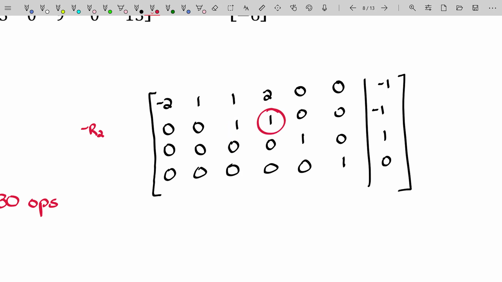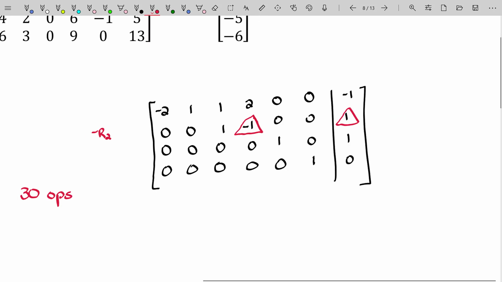However, this is a non-zero entry. It's not above a pivot. So I do have a little bit of mathematics there. I'll go ahead and write the negative in there, but that'll cost me one operation. The rest of the entries in that row are going to be 0 by design from before. They don't get touched by our operations. However, the last one, we do have a single operation to force it to be a positive one, and so that's 2 ops.